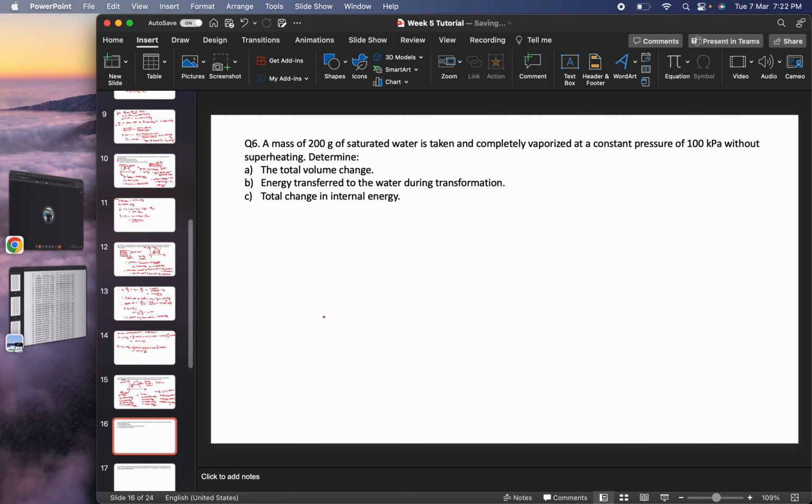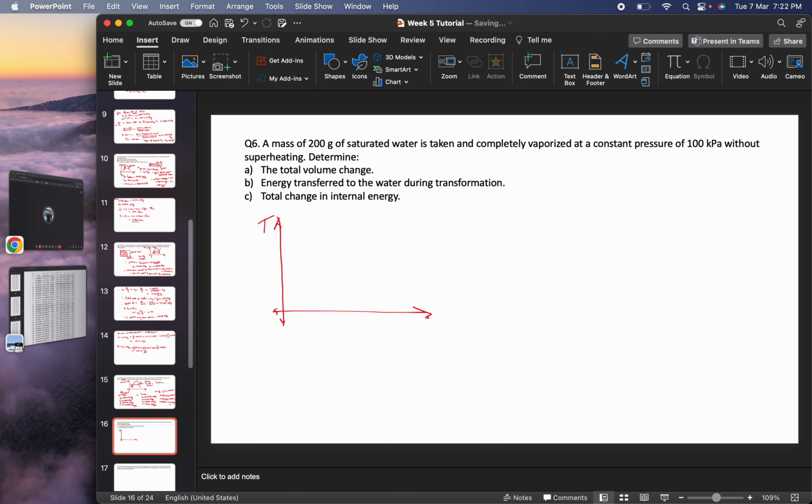Now the next question: a mass of 200 gram of saturated water is taken and completely vaporized at a constant pressure of 100 kilopascal without superheating. Determine the total volume change, the energy transferred to the water during transformation, and the total change in internal energy. Okay, similar and very easy question.